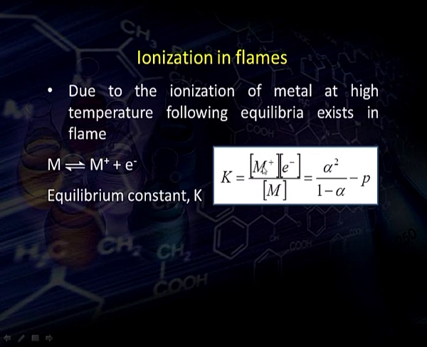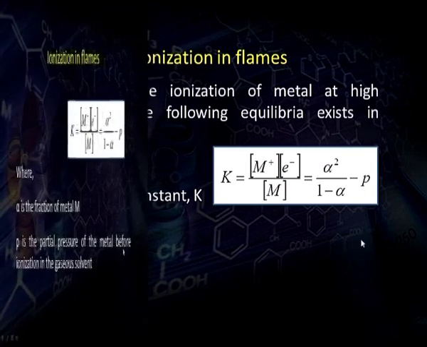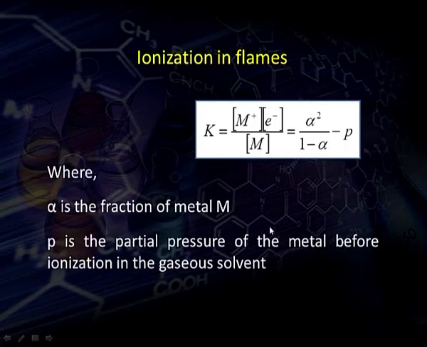So, in this case we have the product M positive plus electron, so the concentration of M positive into the concentration of electron upon the concentration of the reactant, which is the metal M, and this is equal to alpha square upon 1 minus alpha into P, where alpha is the fraction of metal M ionized and P is the partial pressure of the metal before ionization in the gaseous solvent.